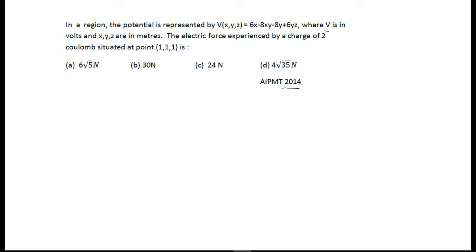The electric force experienced by a charge of 2 coulomb situated at point (1, 1, 1) is: option A, 6√5 Newton; option B, 30 Newton; option C, 24 Newton; option D, 4√35 Newton.